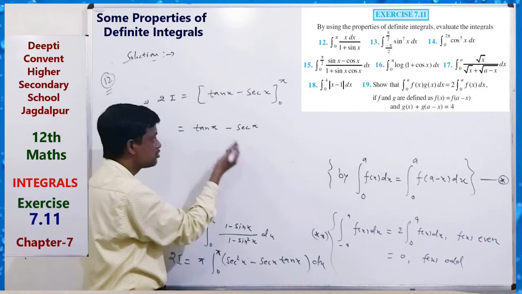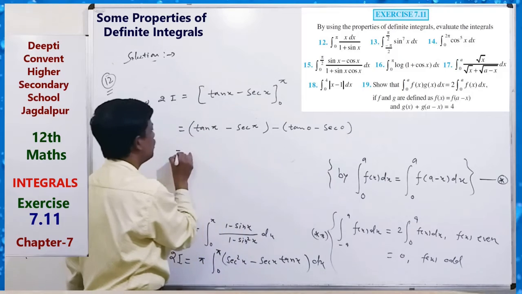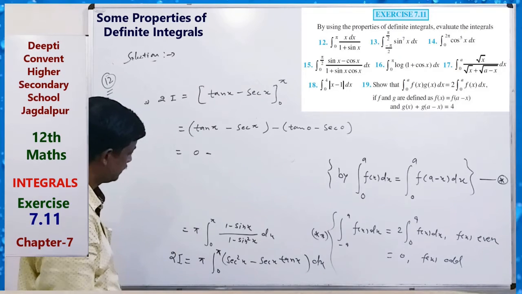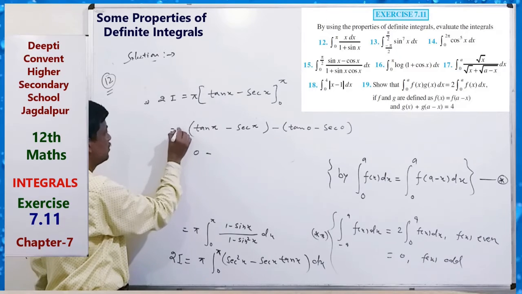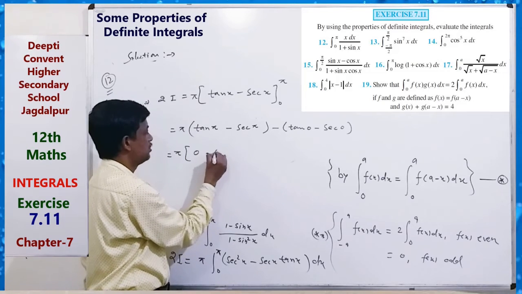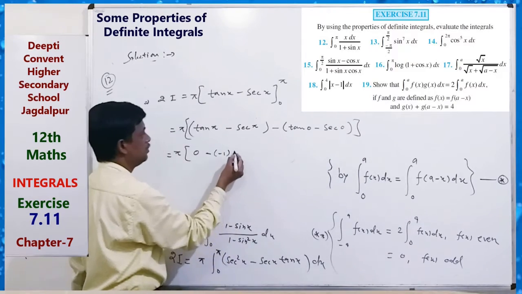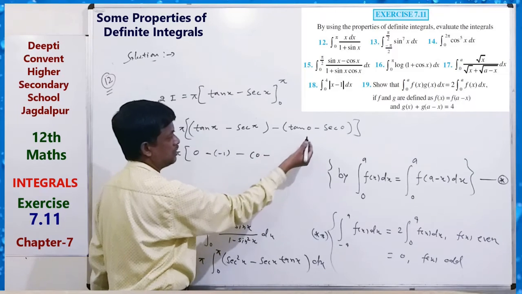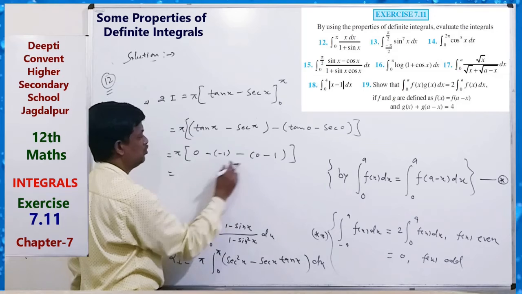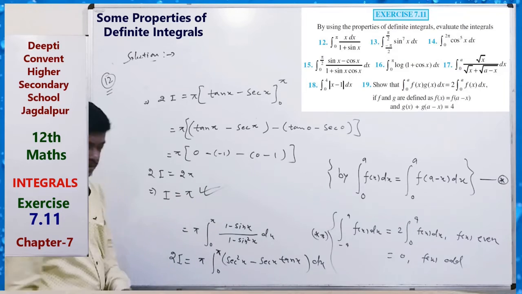Minus the value at 0: tan 0 is 0 minus sec 0, and sec 0 is 1 over cos 0, which is 1. Clear? So 2I equals pi times (0 plus 1 minus (0 minus 1)), which is pi times 2, so 2I equals 2 pi. So I equals pi. This is our answer.